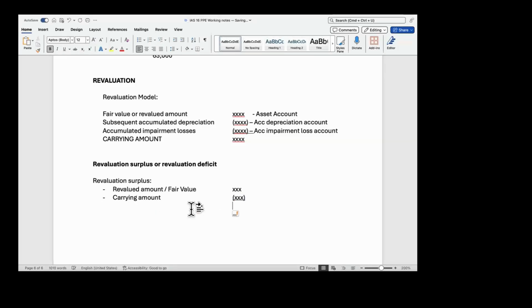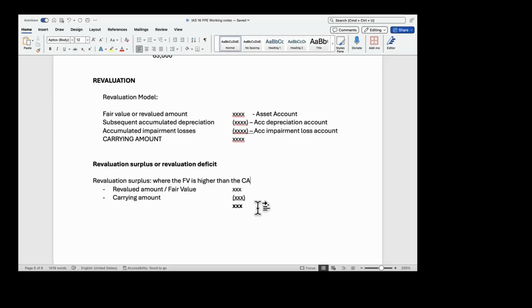When you have that market value being higher than the carrying amount, it means you have a surplus. But if the reverse is the case, you have a deficit. So revaluation surplus is where the fair value is higher than the carrying amount.